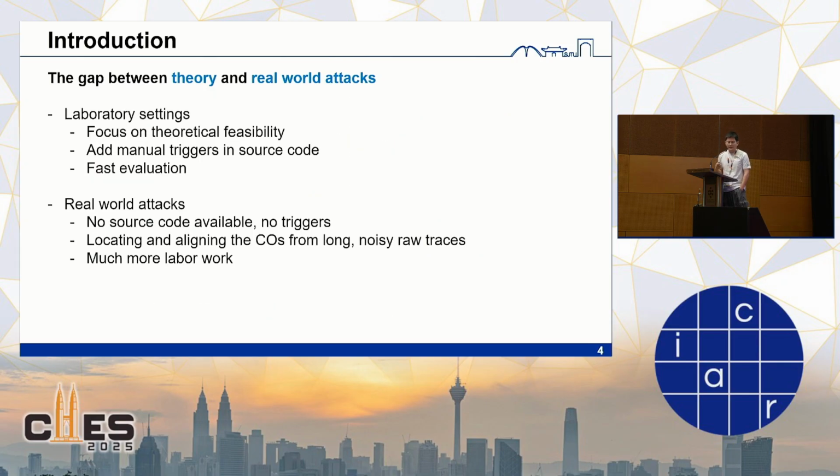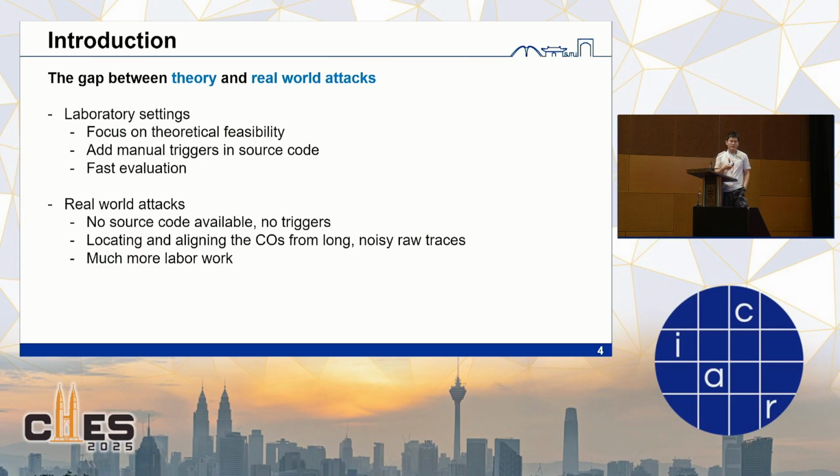And when we look at the papers, most of them adopt laboratory settings, because they focus on the theoretical feasibility. So most of the time they will add manual triggers before or after the call to the cryptographic function, for fast evaluation, right?